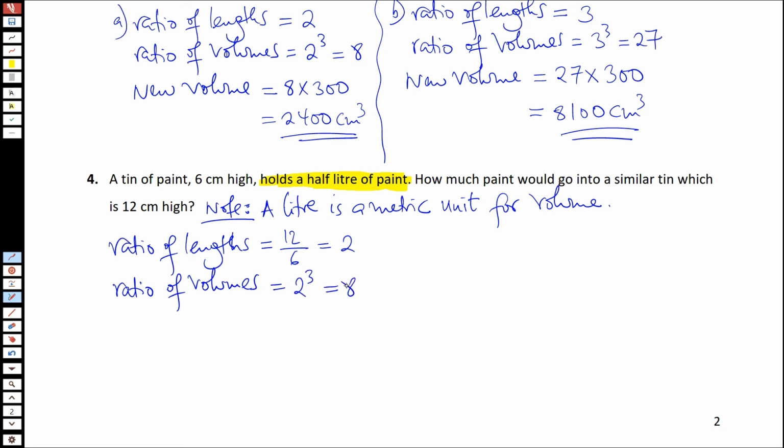That will be 8, which means the volume of the new shape is 8 times the volume of the original tin. So new volume will be equal to 8 multiplied by a half, because the original tin can only hold half a liter of paint. Remember our units here are liters, so this will be 4 liters. That's how you solve that question.